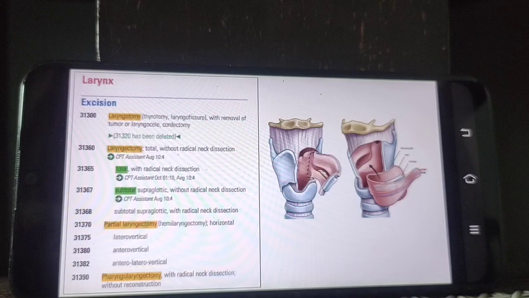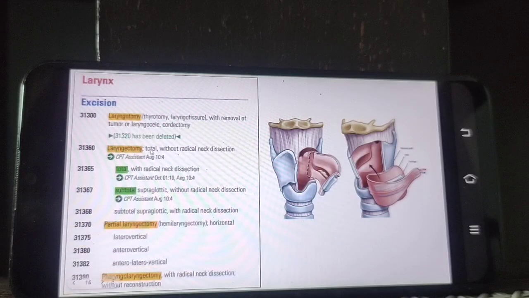Laryngectomy means removal of the larynx. In laryngectomy, we have three classifications: total, subtotal, and partial.